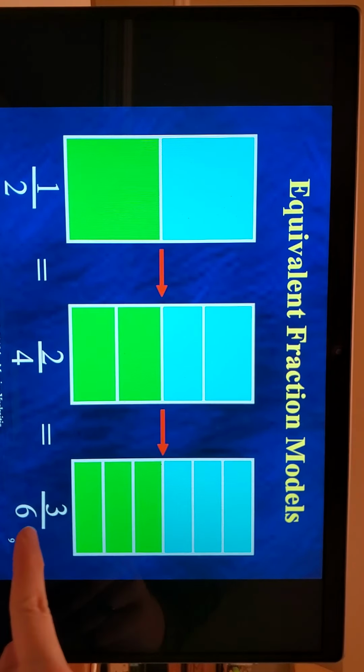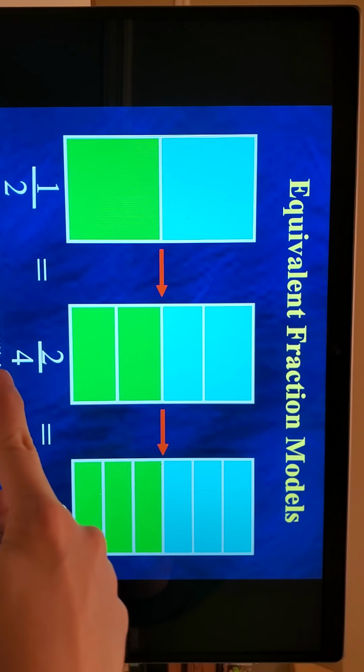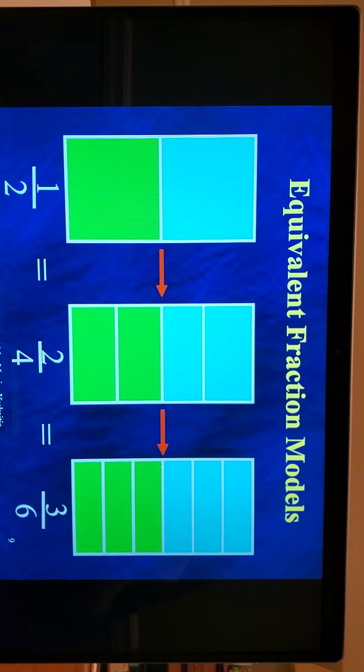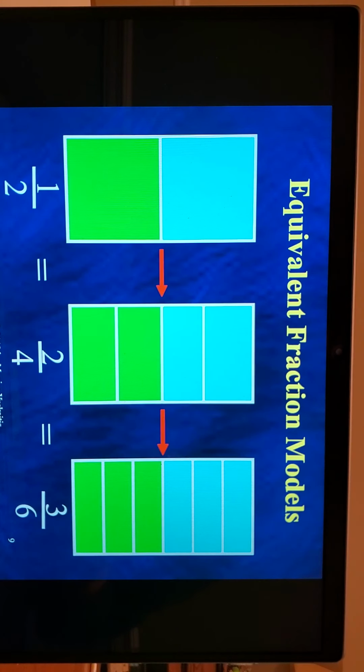So 3/6 is equivalent to 2/4, which is equivalent to 1/2. The fractions have different digits. The numerator and denominator are different, but the value of the fraction, the amount of space that it occupies, is the same.